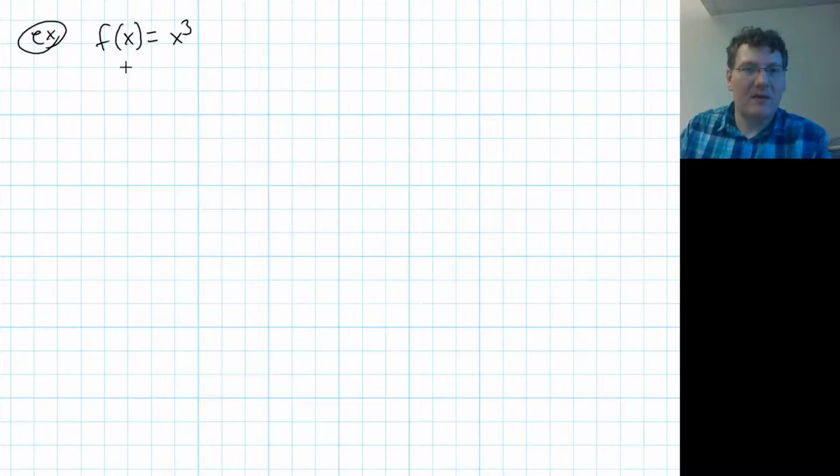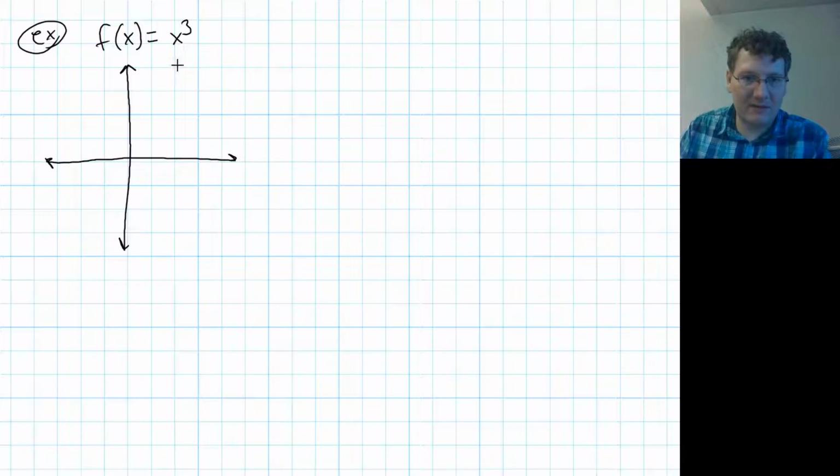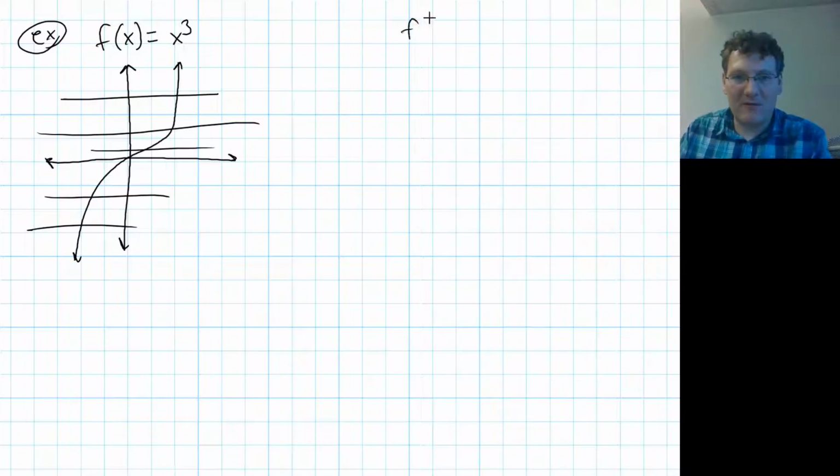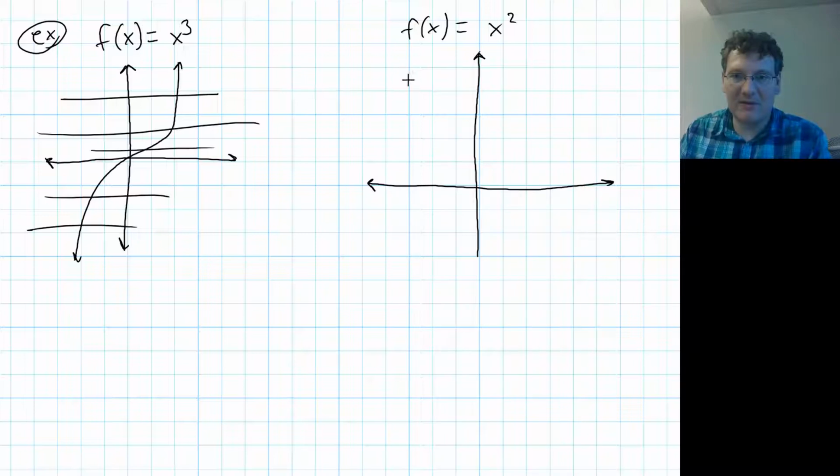For example, if you look at the function f of x equals x to the third, the graph looks like this, and roughly, you can see no matter where you draw a horizontal line, it's just going to intersect the graph in one spot. Whereas if you looked at f of x is x squared, the graph is parabolas, right?